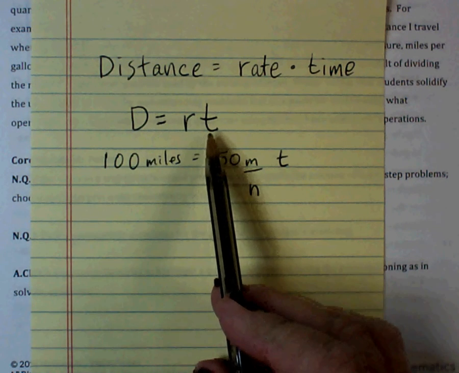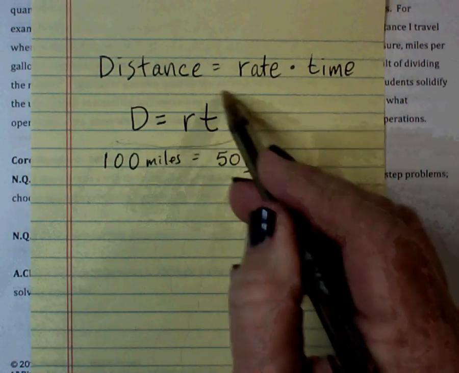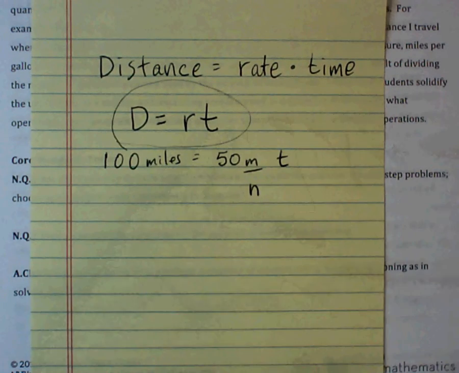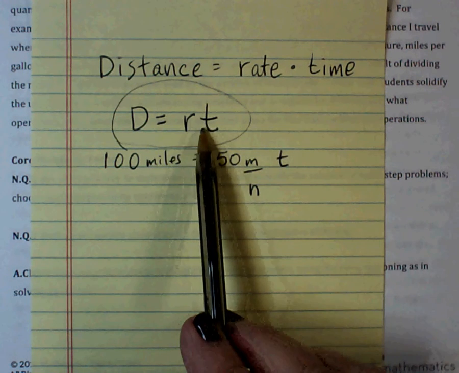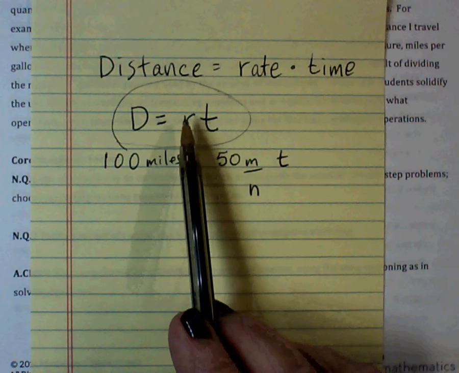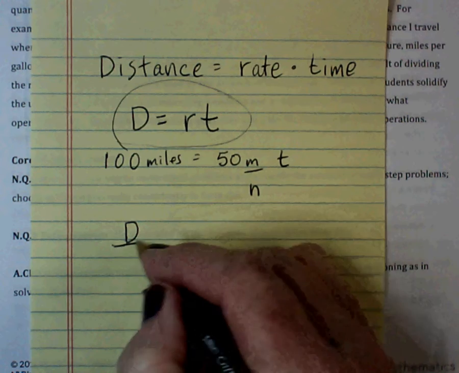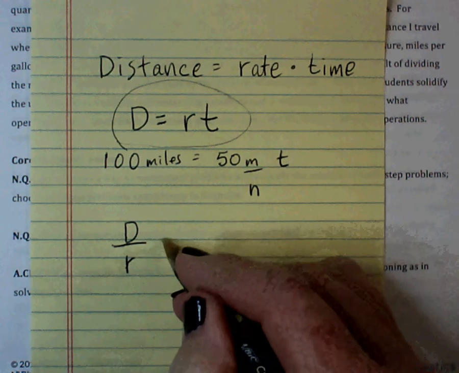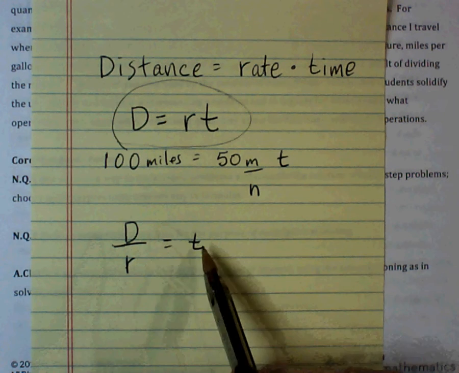One of the ways you could do it is by solving this in terms of t, or manipulating this. I know that this is rate times time, so if I want time to be isolated, I have to divide by rate. So I'd end up with the distance divided by the rate is equal to the time. 100 divided by 50 is 2.